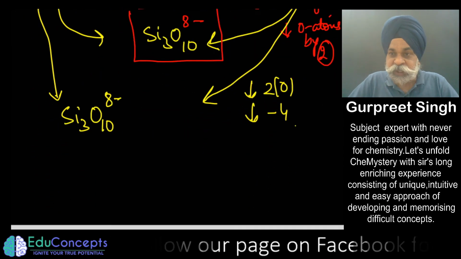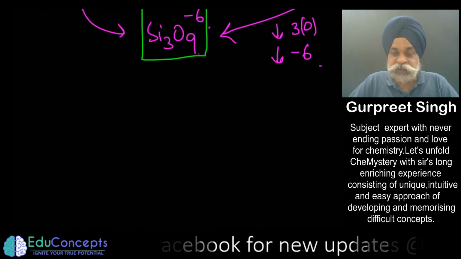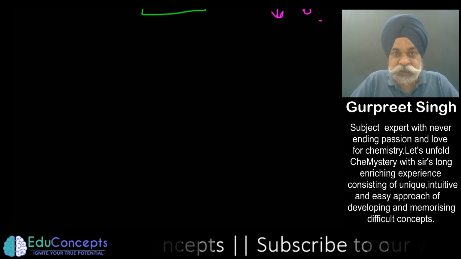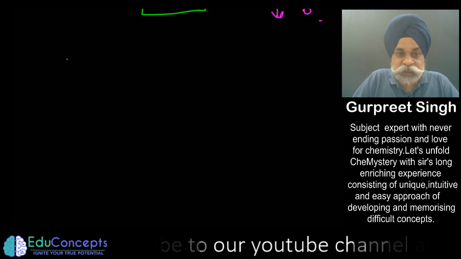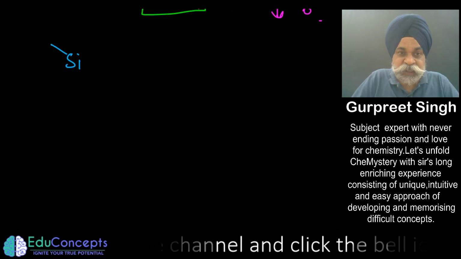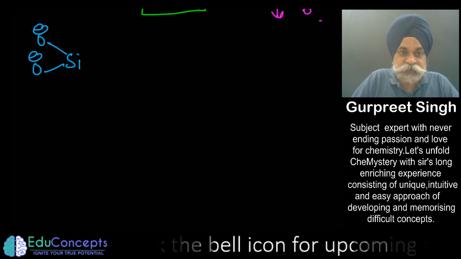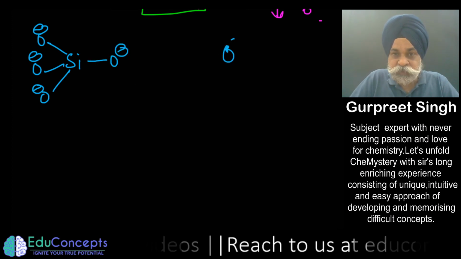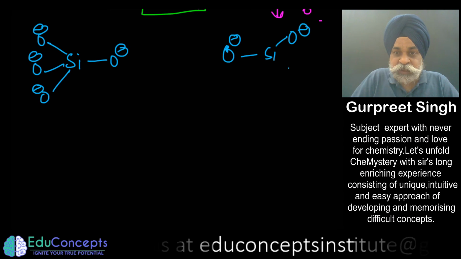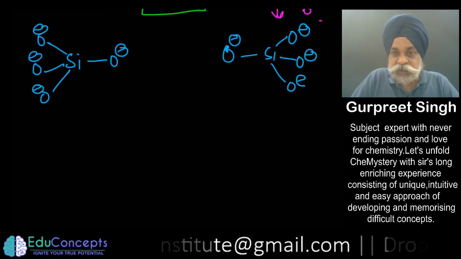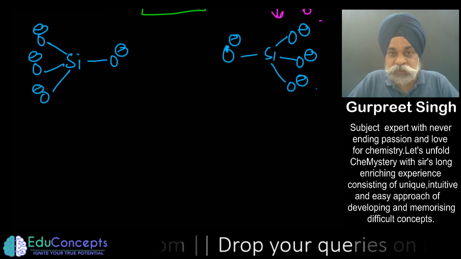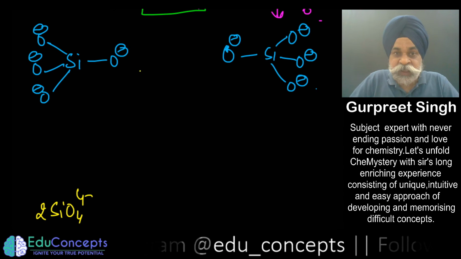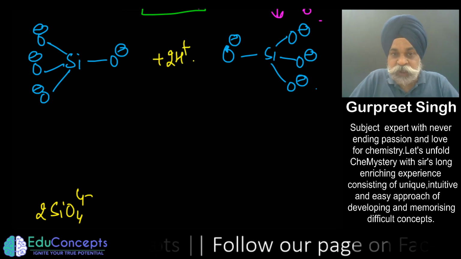Now coming to the query: why we have decreased, how this formula has been generated. The simple trick we have played here is very interesting. If I take two tetrahedron units of silicates, SiO4 4 negative, then into this you theoretically put 2H positive.